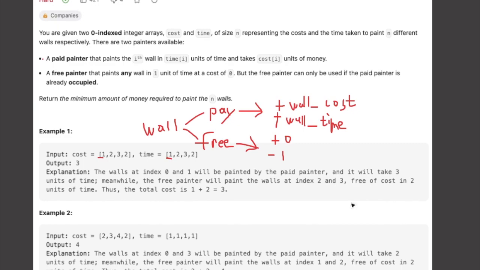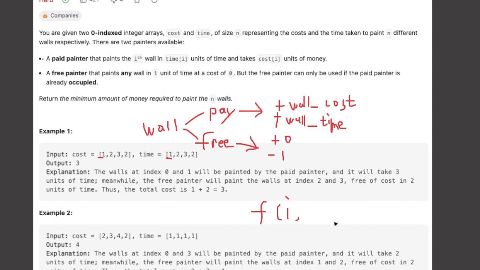Because we have to consider every possible wall, whether to include it or exclude it, the first state we're going to have, let's say f is the function, is i, the index of the current wall that we are interested in. And the second parameter is the free time that we have already accumulated.